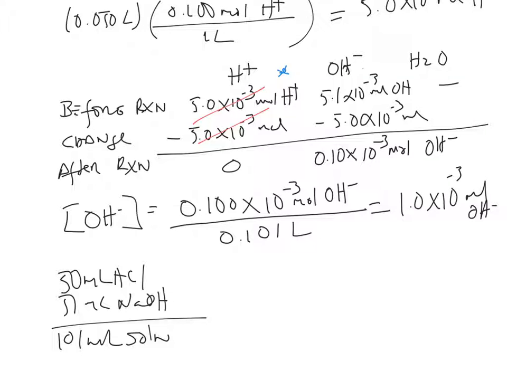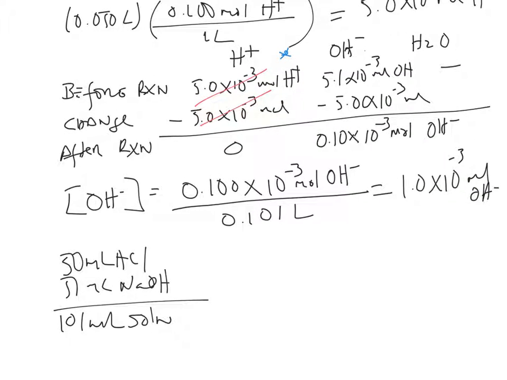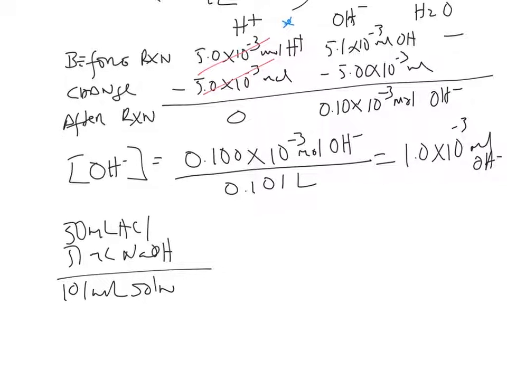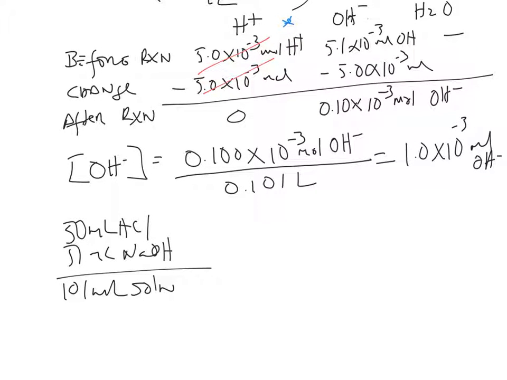So now we can use this value to determine the value of pOH. This will be equal to minus log of 1.0 times 10 power of minus 3.